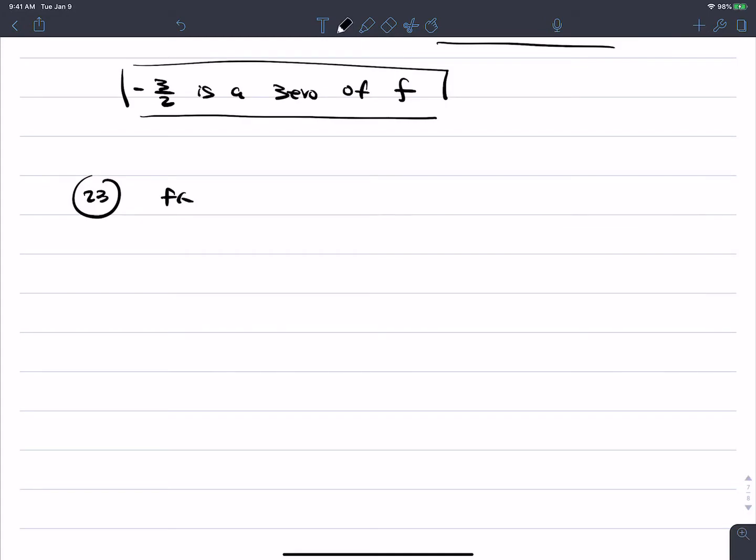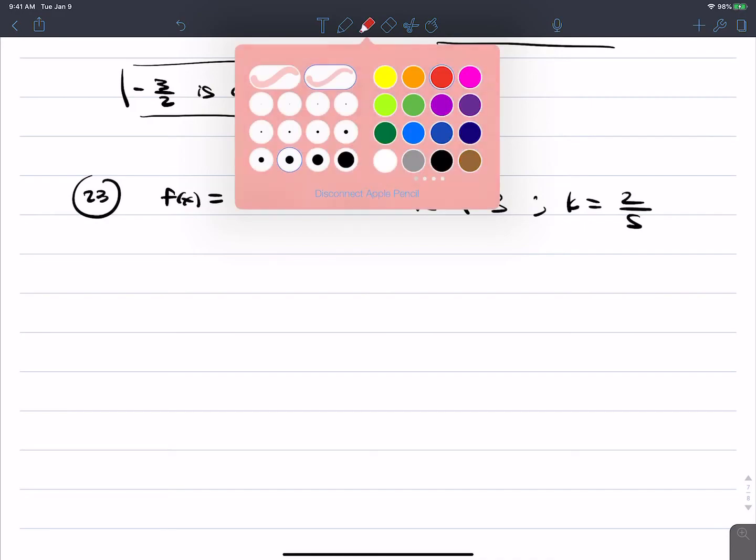Question 23. The function they give us is 5x to the 4th plus 2x cubed minus x plus 3, and k here is positive 2/5. Now, as we go through this, let's notice that it's missing an x squared term.